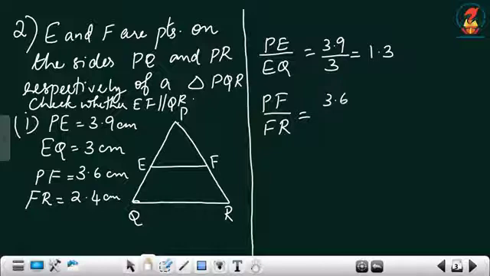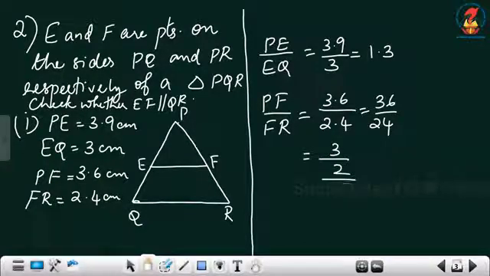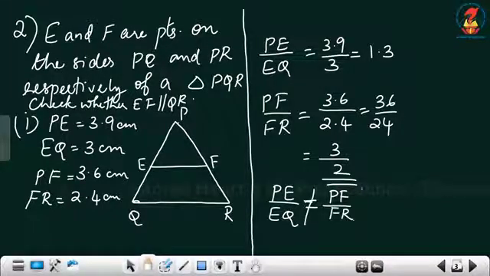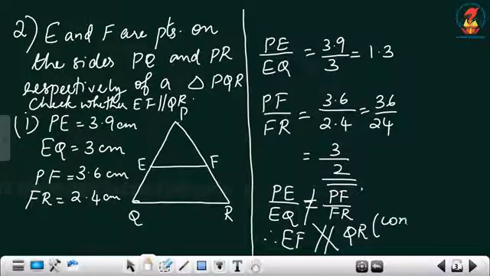PF by FR is 3.6 divided by 2.4, which is equal to 36 by 24, that is 3 by 2. PE by EQ is not equal to PF by FR. So what we can say is EF is not parallel to QR using converse of BPT.